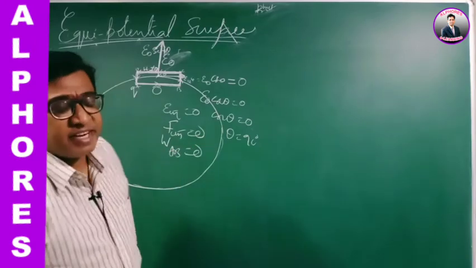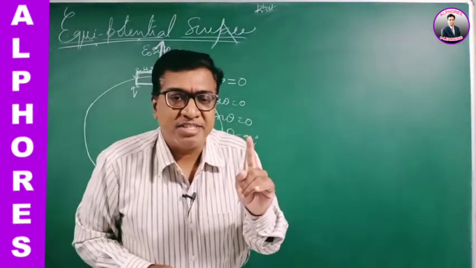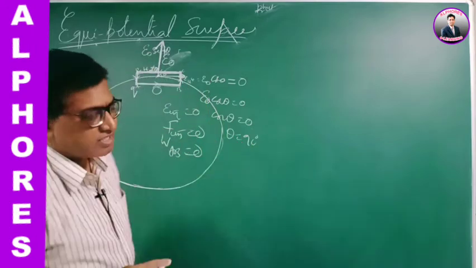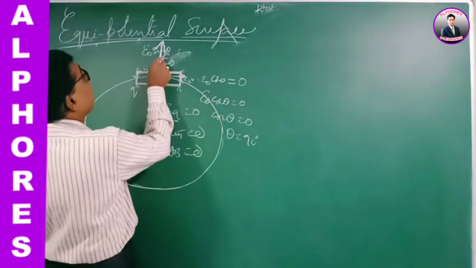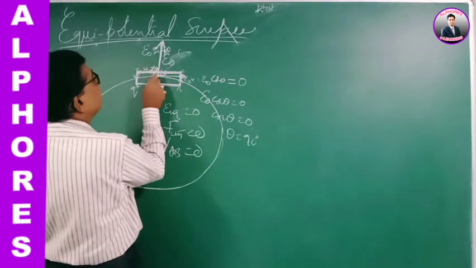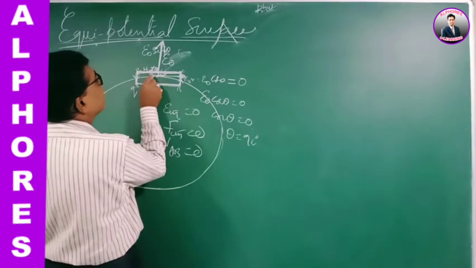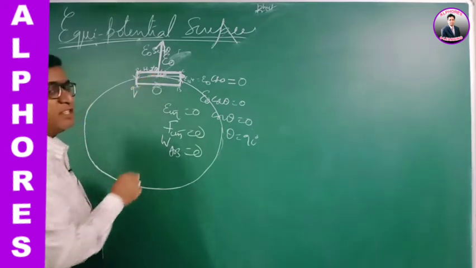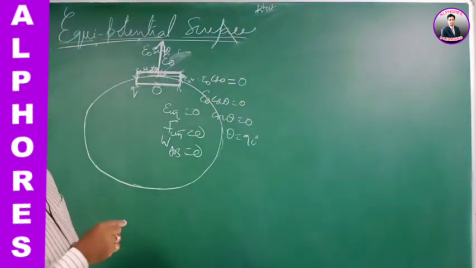Lines of force are always normal to the equipotential surface, so the equipotential surface is perpendicular to the field there.